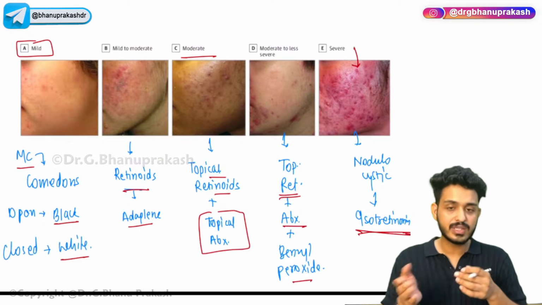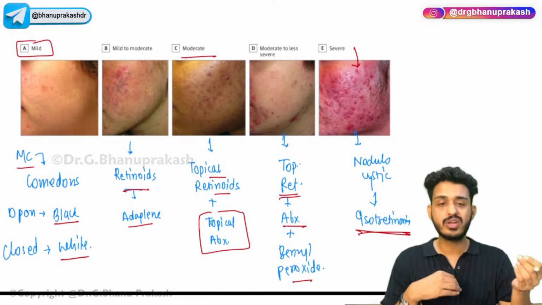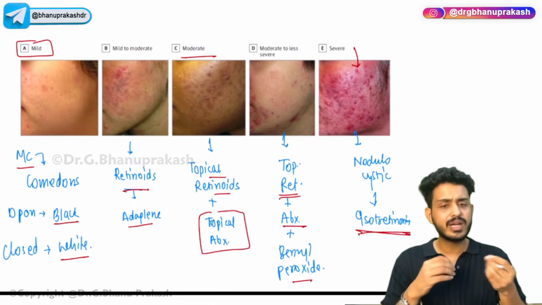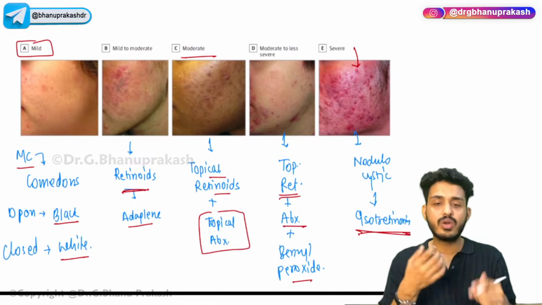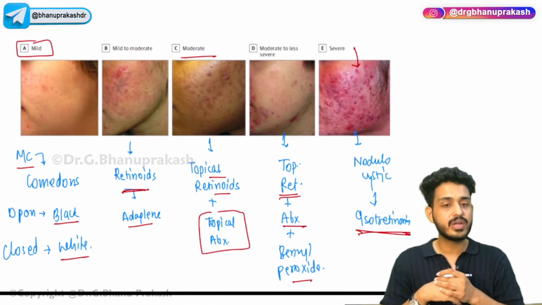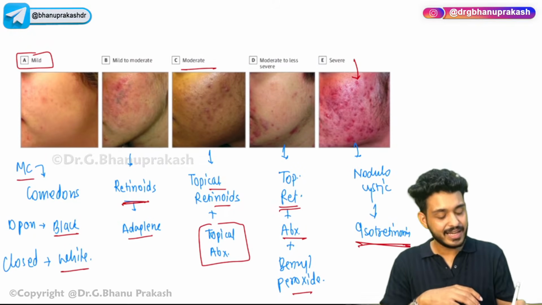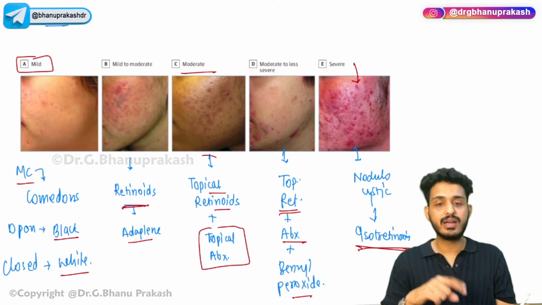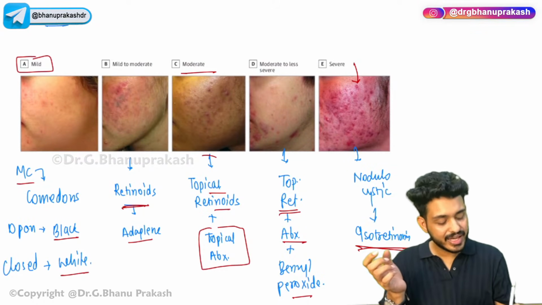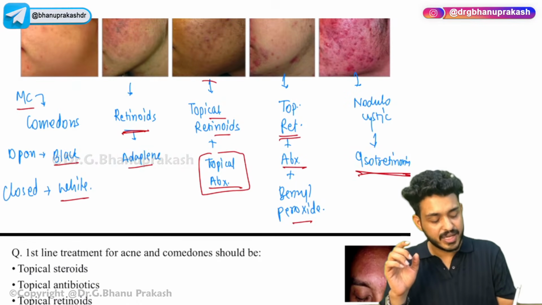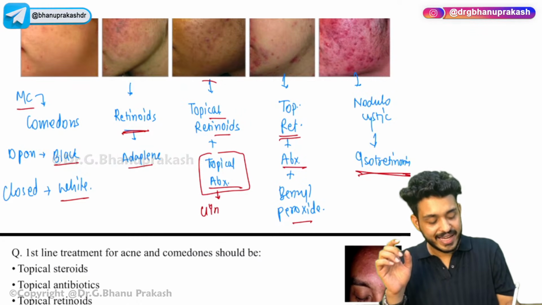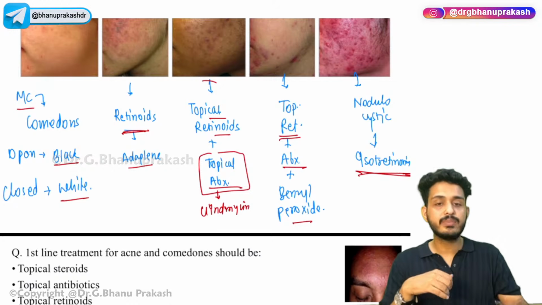First of all, the patient comes to you with some comedones. You can treat comedones with normal adapalene or retinol creams. Then if it is not treated with these, you can give topical antibiotics. Which antibiotic do you use in acne? Clindamycin. You can give the ointment of clindamycin.